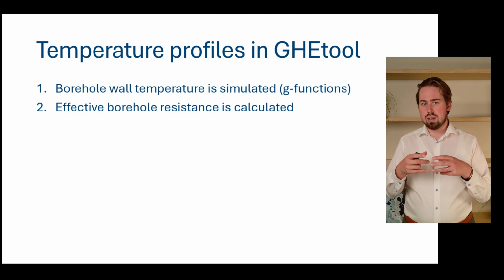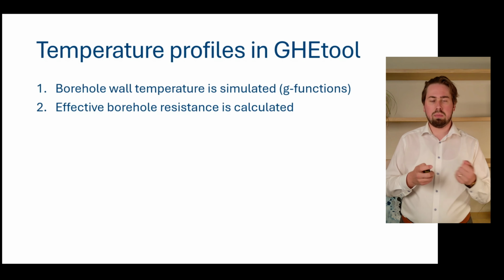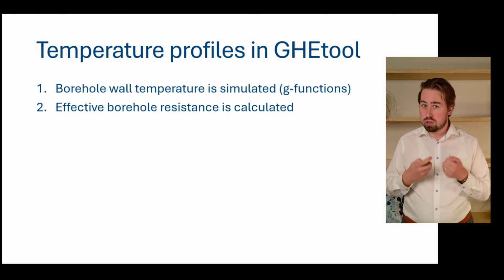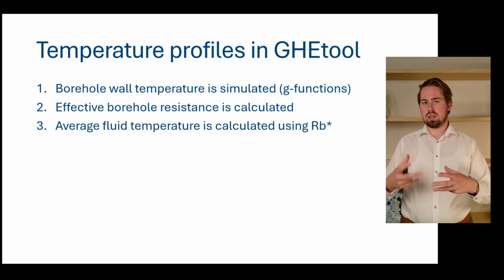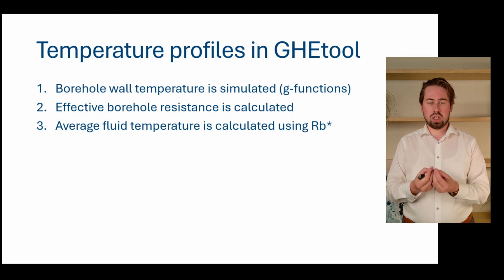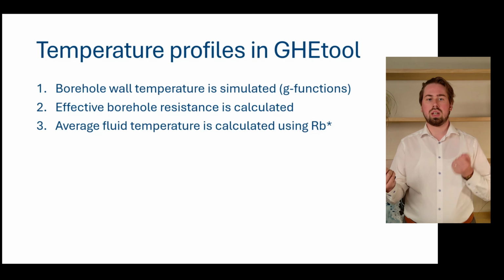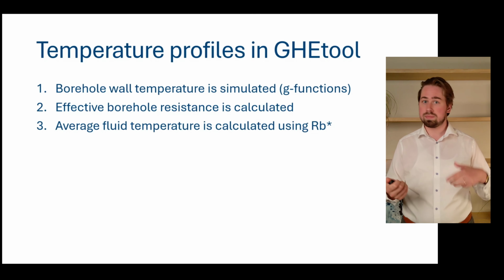And given this effective borehole thermal resistance and the borehole wall temperature, what we can actually calculate is the average fluid temperature. Because our borehole resistance expresses the relationship between our borehole wall temperature and our average fluid temperature circulating through our borefield.